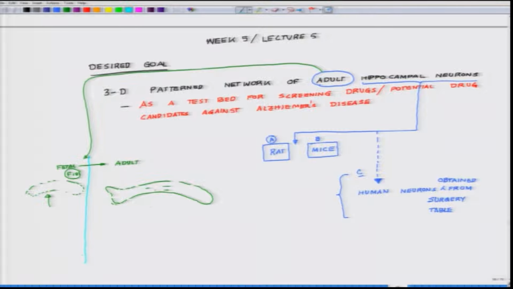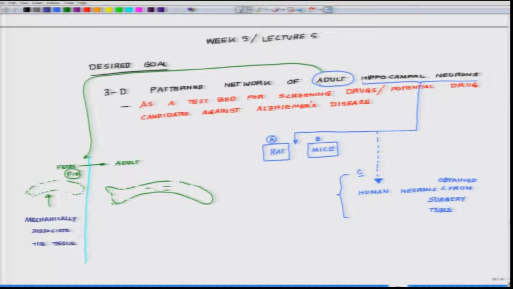Now, this tissue as compared to the fetal one cannot be dissociated by the mechanical route. In the case of fetal, you can mechanically dissociate the tissue.